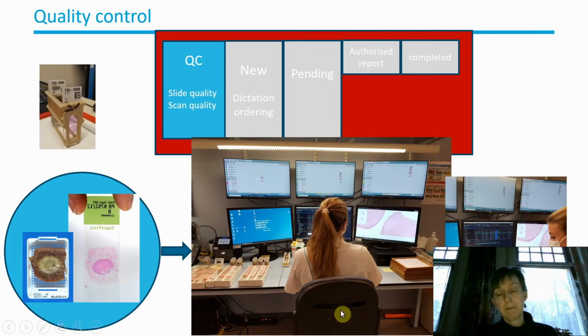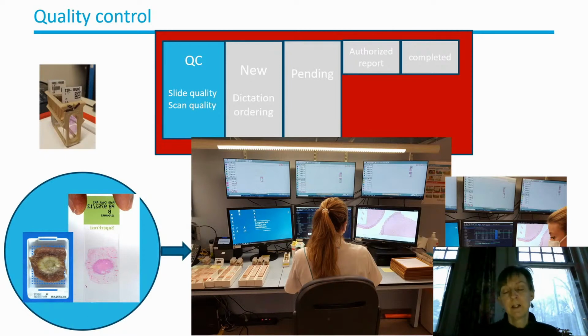Approximately 90% of our slide flow is assigned automatically to a field area in pathology, like GI pathology or hematopathology. Of course, there's still about 10% left, like needle biopsies and lymph node needle biopsies, where it can be either a question of lymphoma or of carcinoma.